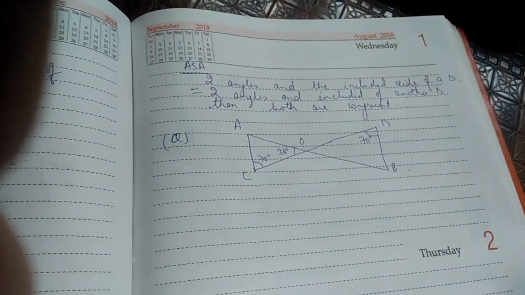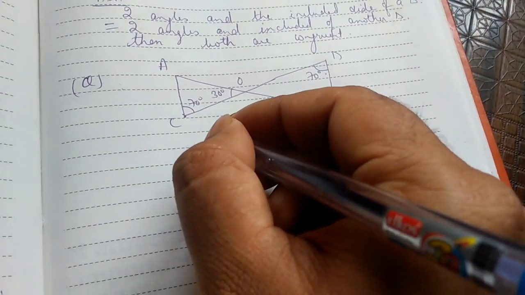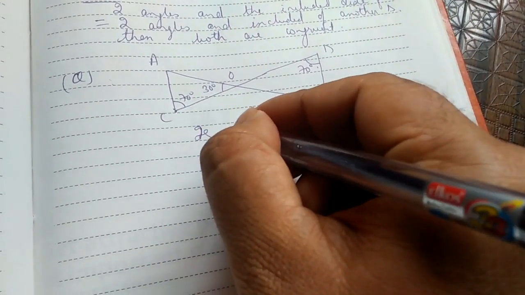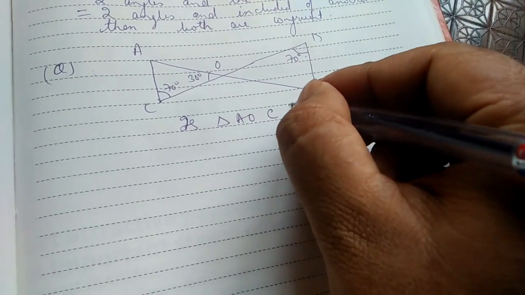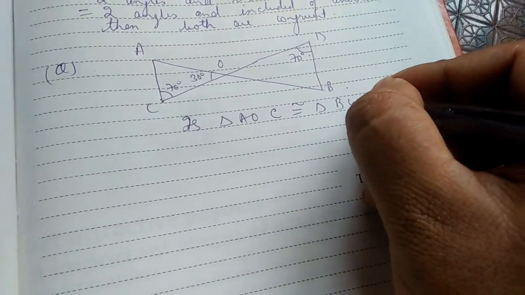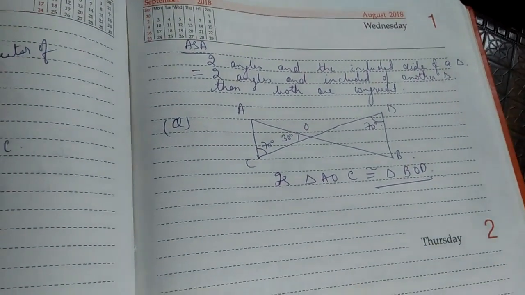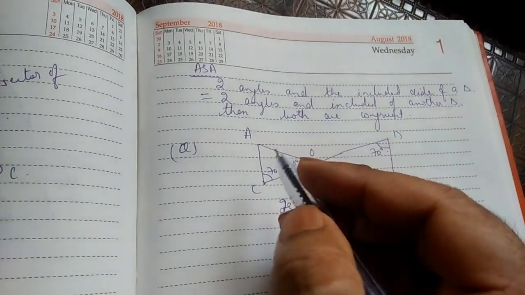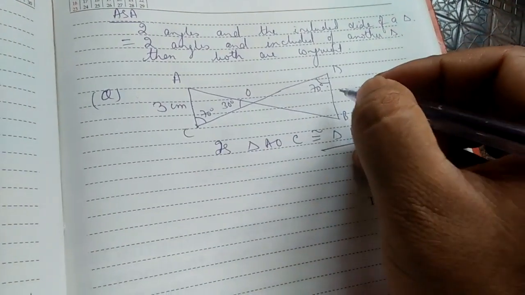This is the figure. Now, is triangle AOC congruent to triangle BOD? This is the question that has been asked. And this is additional information: this is 3 centimeters, this is also 3 centimeters.